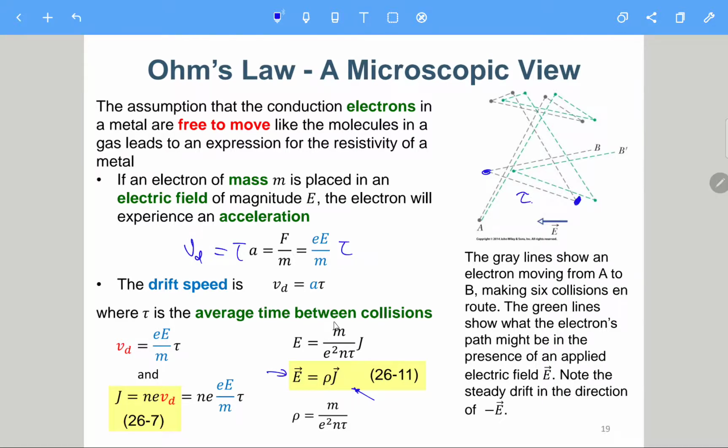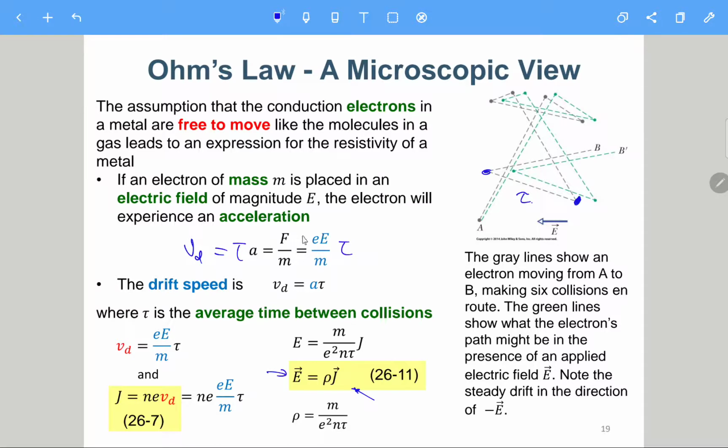So m is the mass of the electron, of course a constant. e is the elementary charge, of course a constant. And then n is the charge density, which should also be a constant for a given material. And tau is the time it takes to collide, so it also depends on the material.